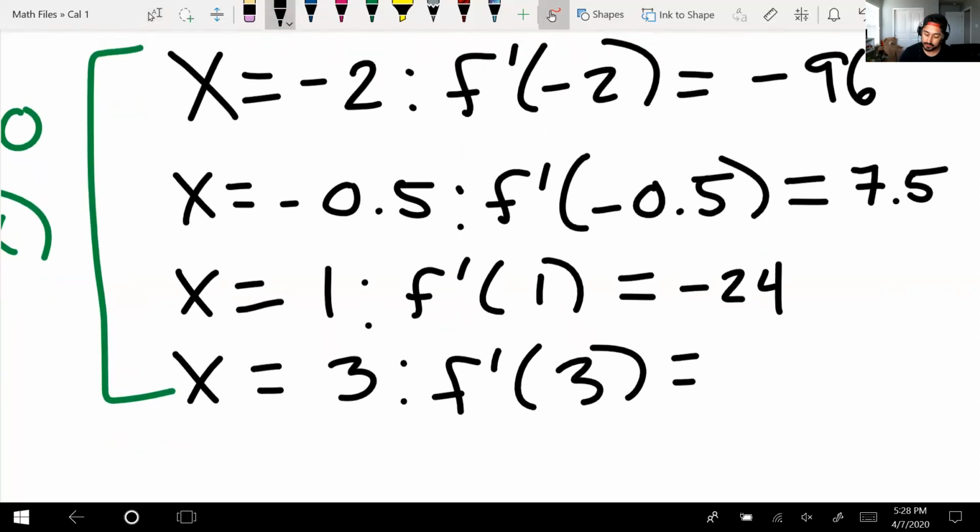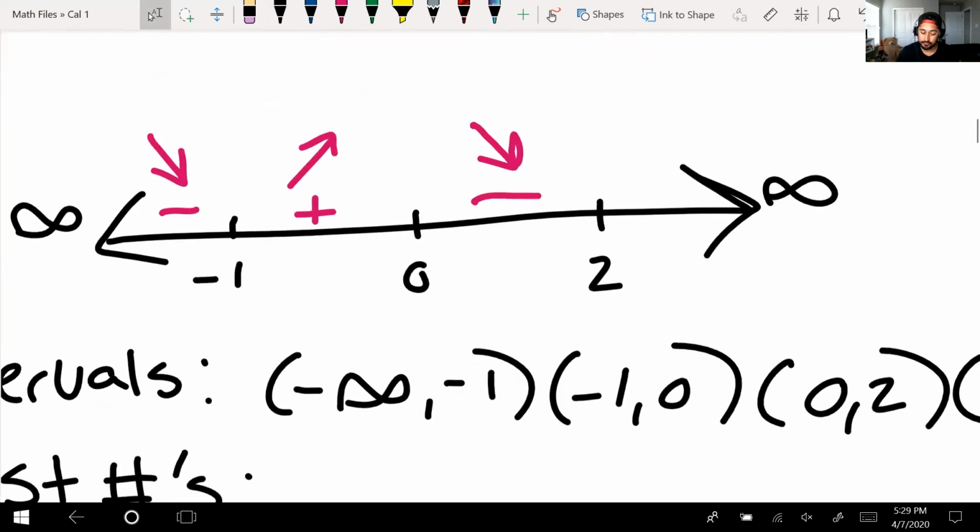I get a positive 144. I don't really care about the numbers. I only care about the sign. So the signs we've gotten are negative, positive, negative, positive, which means that from 2 to infinity, we were positive, which means the original function increased.